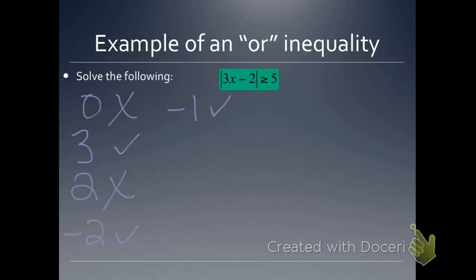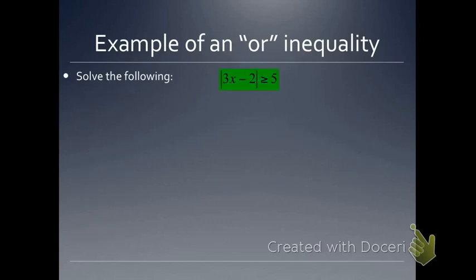What we're looking for here is the part inside the absolute value to either be greater than or equal to positive 5, or less than or equal to negative 5, which is exactly how we're going to set this up. We set up two separate inequalities with that word OR in the middle, and then we solve them both.